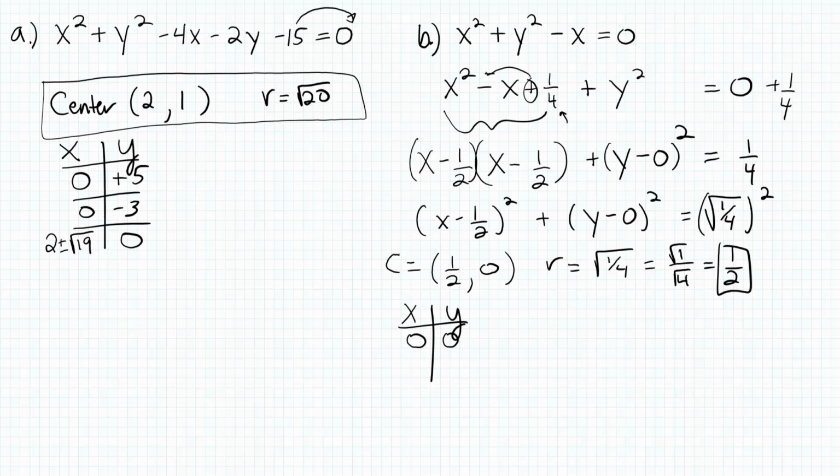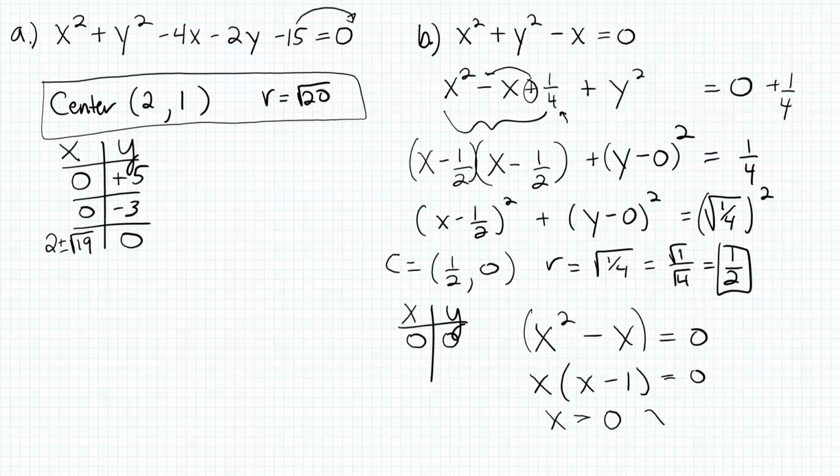If I enter 0 in for y, I'll end up having x squared minus x is equal to 0, which means that x times x minus 1, if I factor out the common x between these two terms, is equal to 0, and then we set them separately equal to 0, we get x is equal to 0, but I also get x minus 1 is equal to 0.